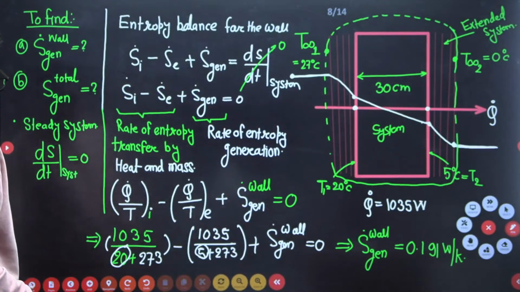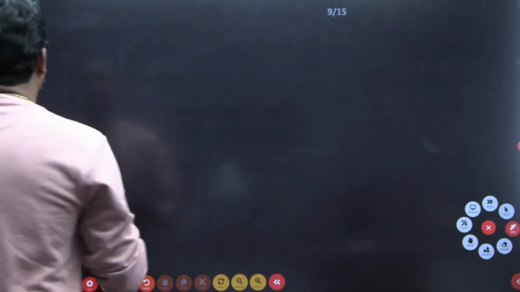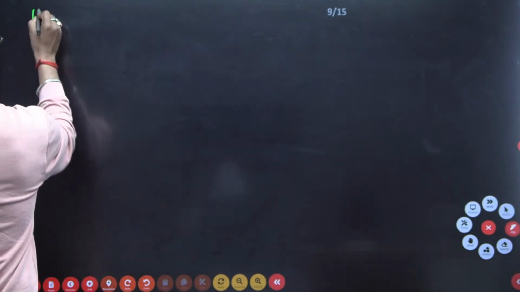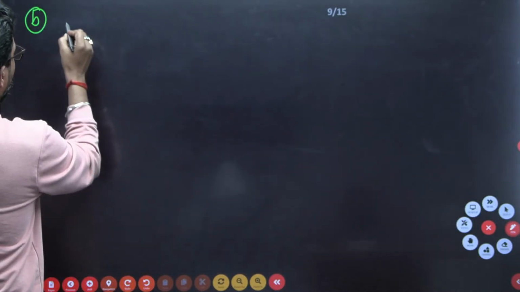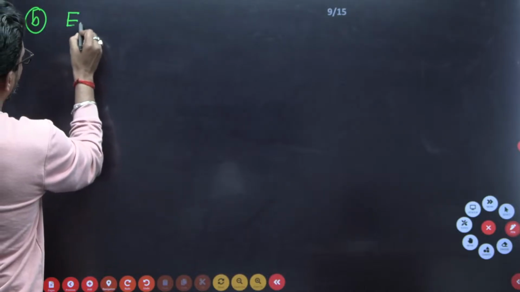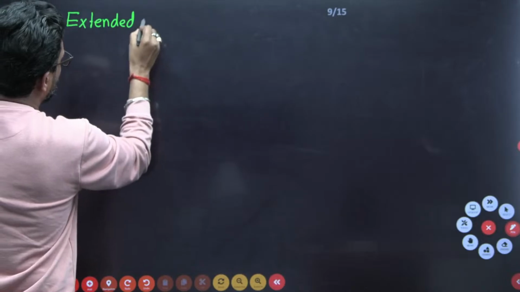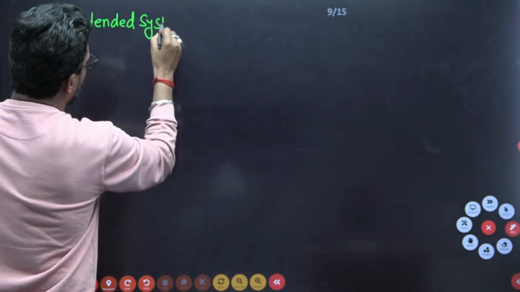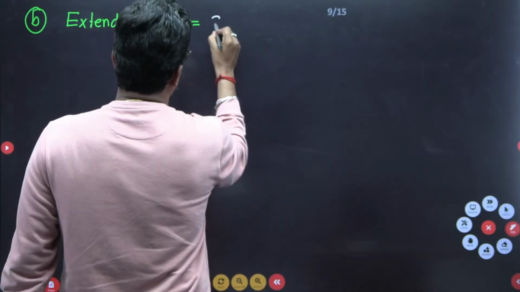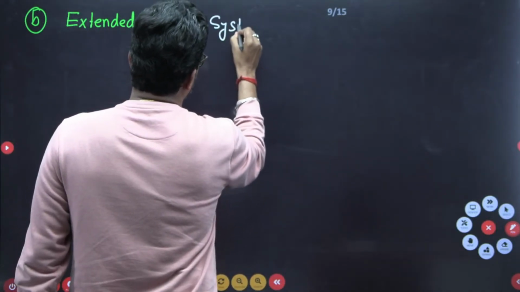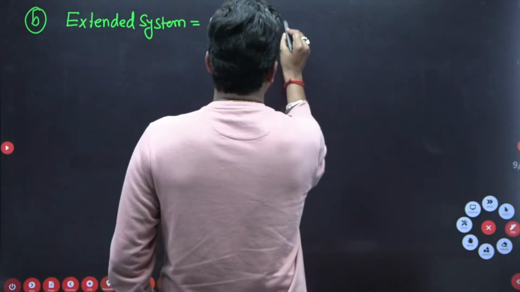Now the second part, part B: in this case we have to take the extended system. What is the extended system? The extended system is the system plus the immediate surrounding.